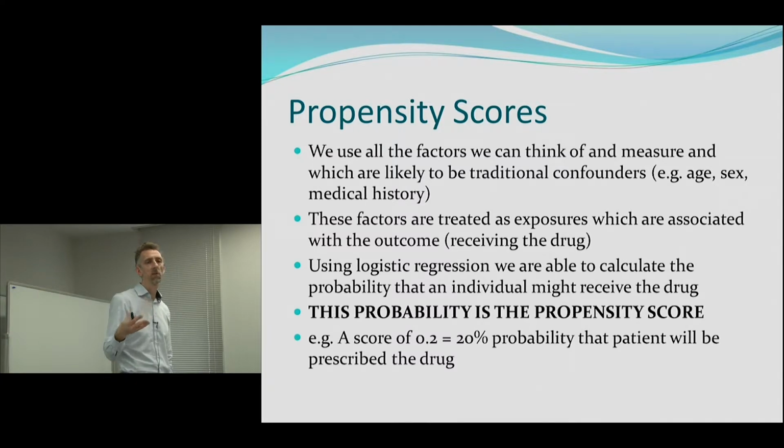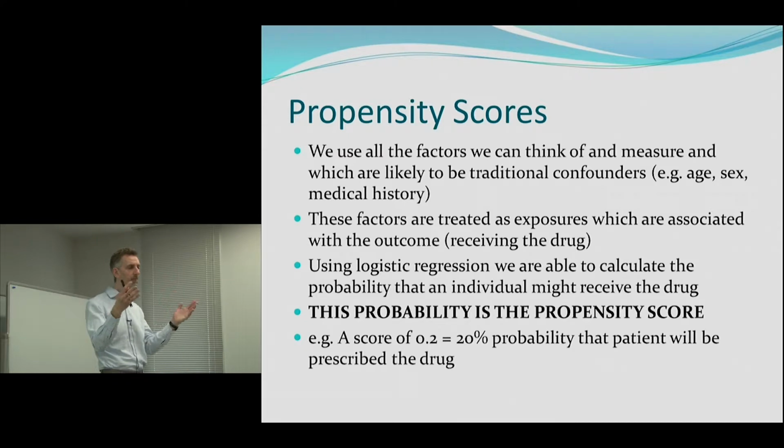Maybe you just have a 20% chance because you're aged 65 and you're a male, but you don't have any other major risk factors for receiving a statin. Now, if you think intuitively, if you were to take 65-year-old males with no other risk factors, some of them would be on a statin, not that many. Most of them would not be on a statin. So intuitively, that makes sense, I think, yeah.